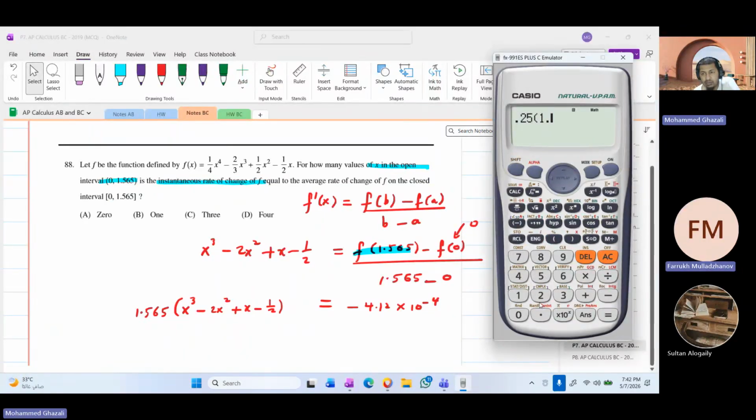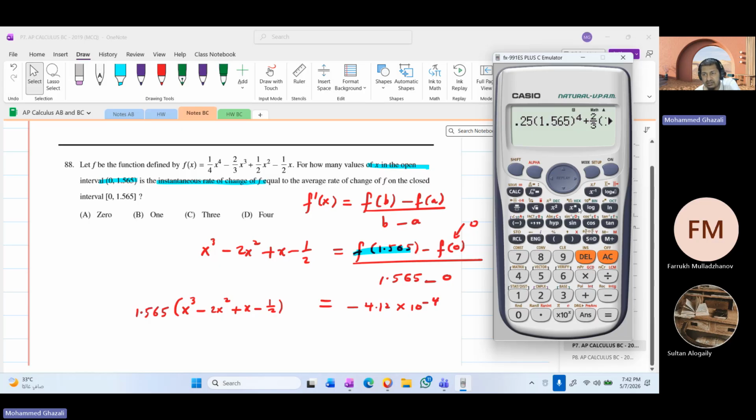Okay, 1.565, just bear with me, to the power 4, minus 2/3 into 1.565 to the power 3, plus 0.5 into 1.565 to the power 2, minus 0.5 into 1.565. I'm getting 4.497.